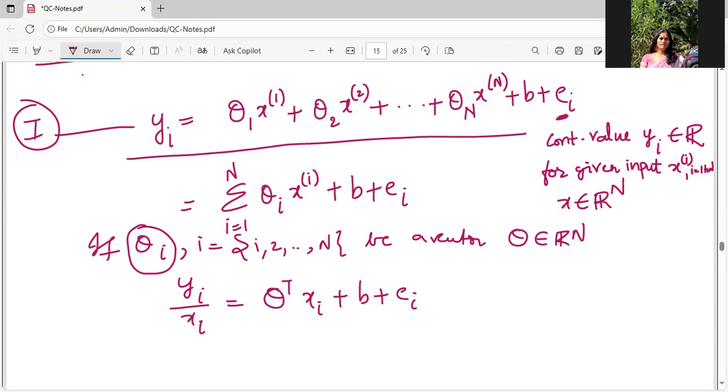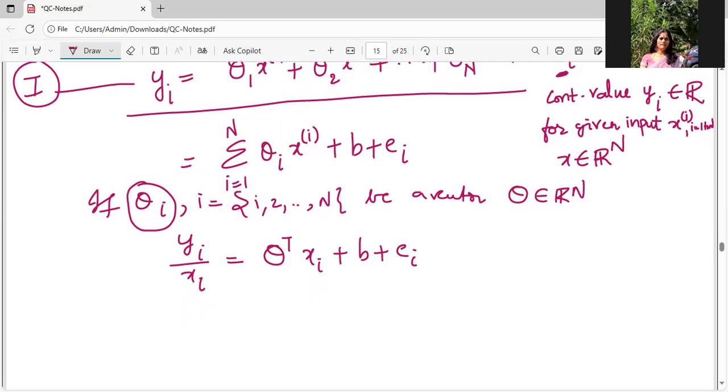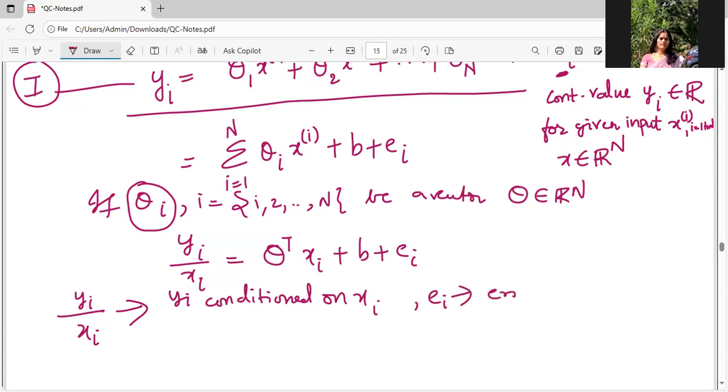There are certain things that I need to consider. What is yi by xi? This value stands for yi conditioned on xi. Of course, ei I cannot reduce because it is error. I can say here irreducible component. I cannot minimize this. It is compulsory.